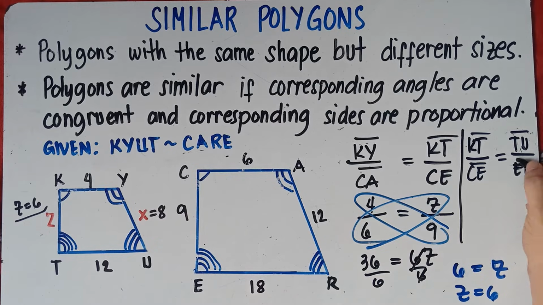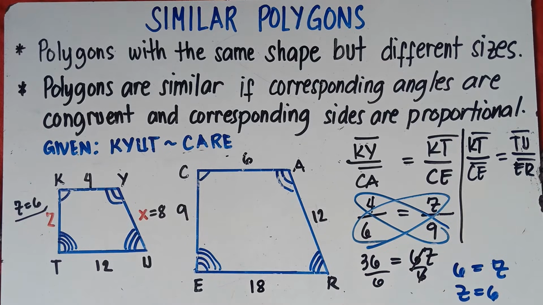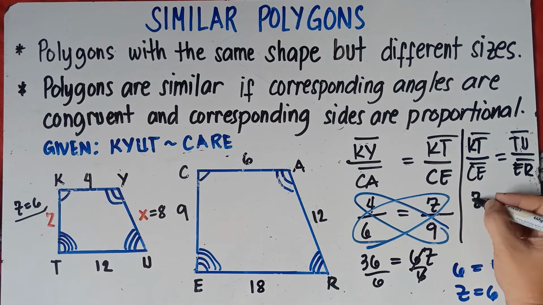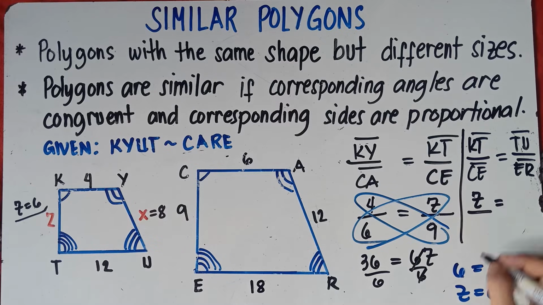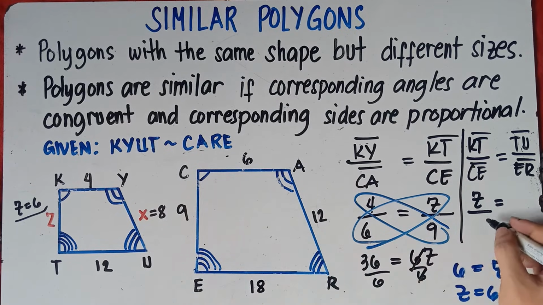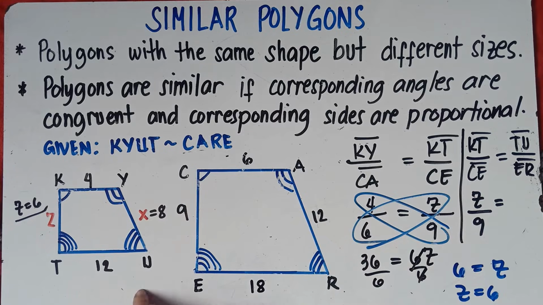So KT, that is z, over CE, that is 9, is equal to TU, that is 12, over ER, that is 18.